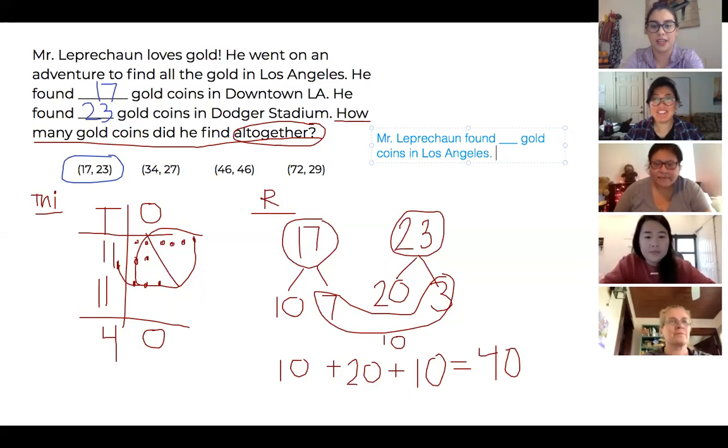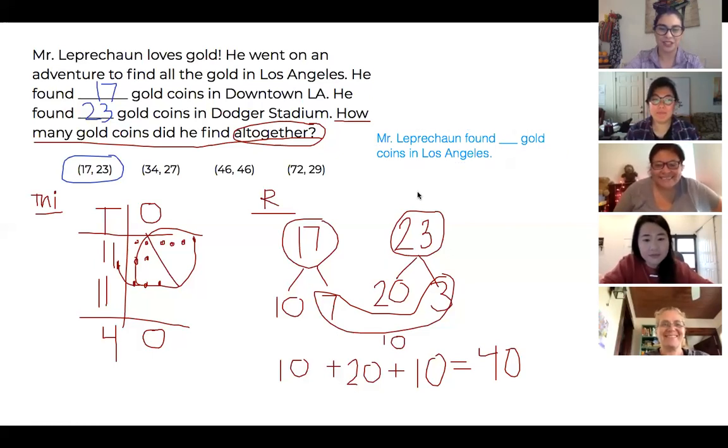So let's read it all together. We know how many he found, so let's say it in a complete sentence. Ready? 1, 2, 3. Mr. Leprechaun found 40 gold coins in Los Angeles.